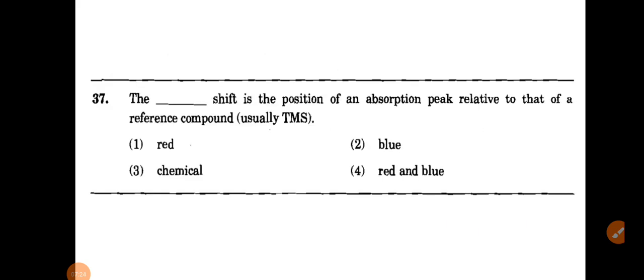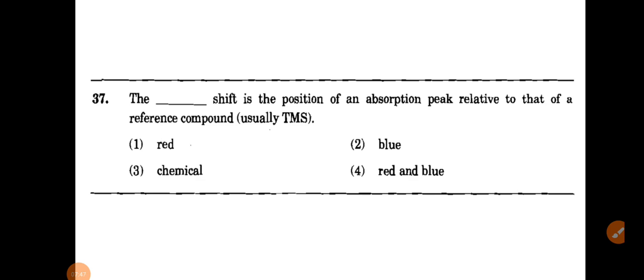So the next question is, the dash shift is the position of an absorption peak relative to that of the reference compound, right? That is a very simple question. The options are red, blue, chemical, and red and blue. Generally, that question is from NMR, right?